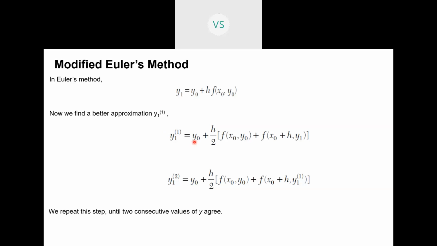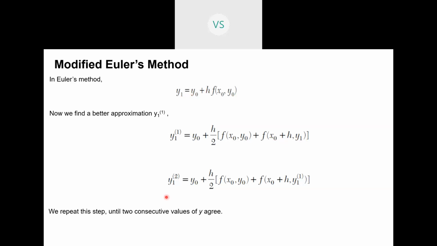So it is y0 plus h by 2 times f(x0, y0) that you got from here, plus f at the value of x you have to consider. When substituting in the function, the value of x is x0 plus h, and the value of y is y1. This value of y1 you have obtained from here.